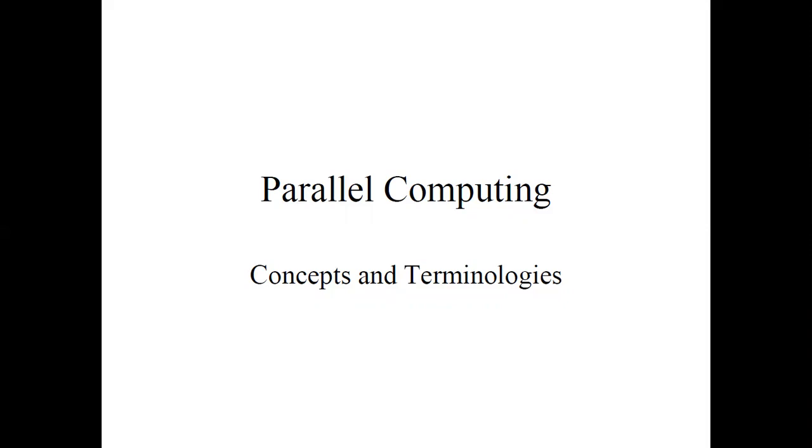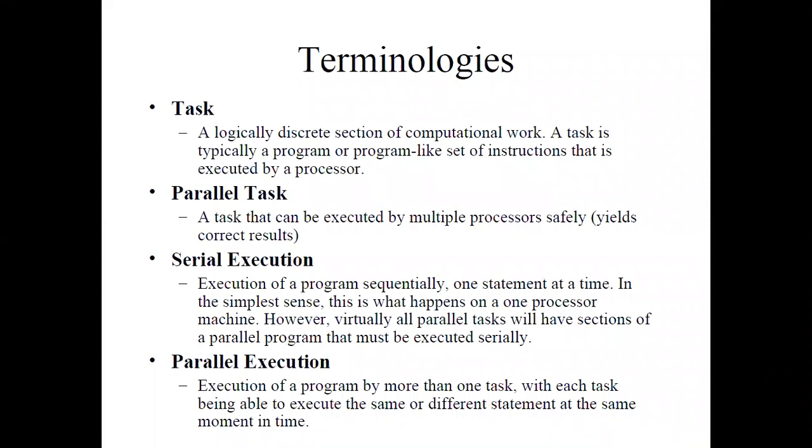So let us start. There are some terminologies which we need to know before starting. What is meant by a task? A task is nothing but a program or a set of instructions which are executed by the processor. Then there is a parallel task. What is meant by parallel task? A task which can be executed by multiple processors.